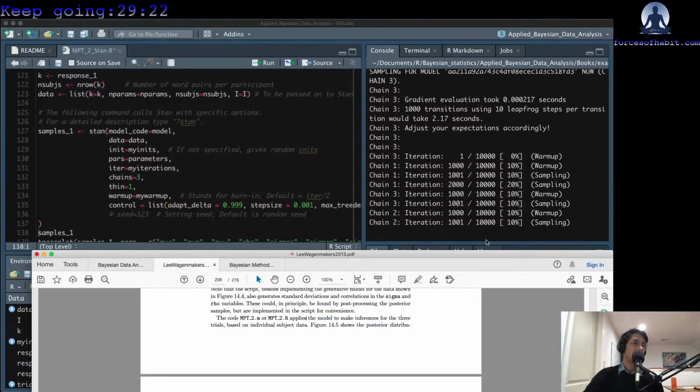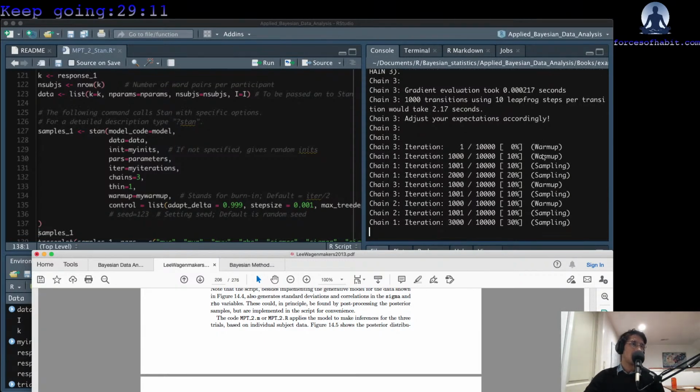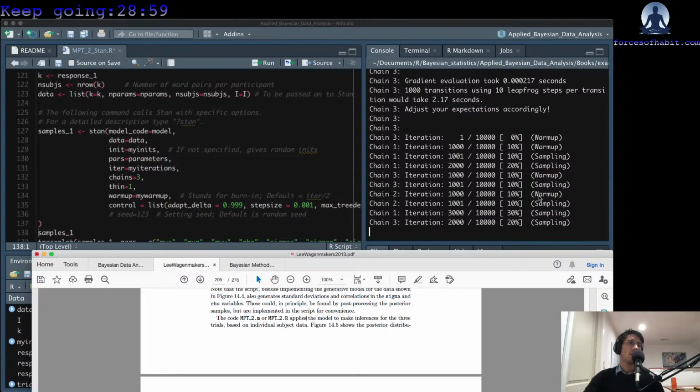Yeah. We're already moving a little bit quicker now, you see. That's interesting. We're getting past that warm-up phase. So chain 1 is sampling, chain 2 is sampling, chain 3 is sampling. So they're all chugging along.